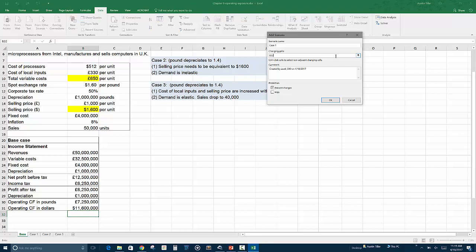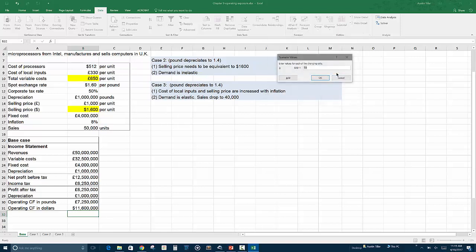So for the changing cell, we're going to click B11. You just click the cell you want to change. And press OK. Then it will ask what value you want to change to. We want to change to 1.4, so just manually enter 1.4.